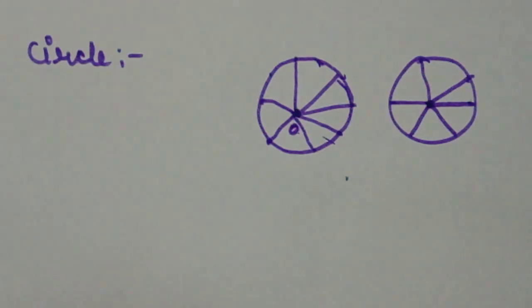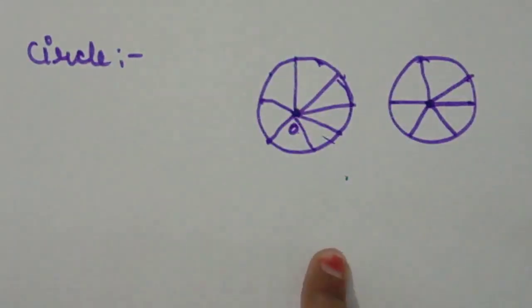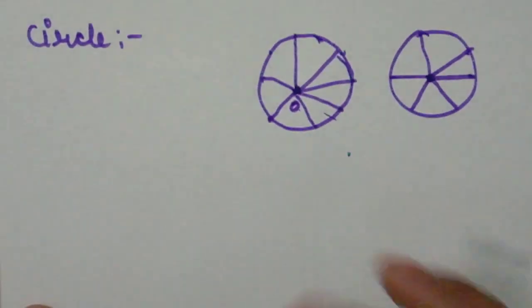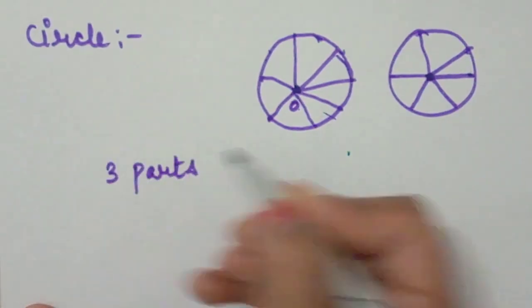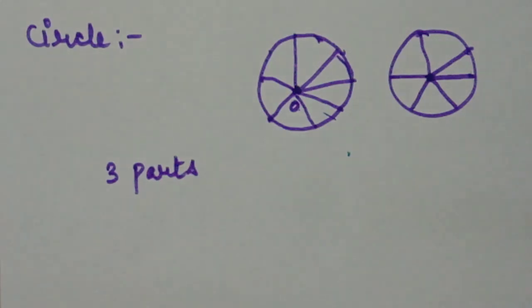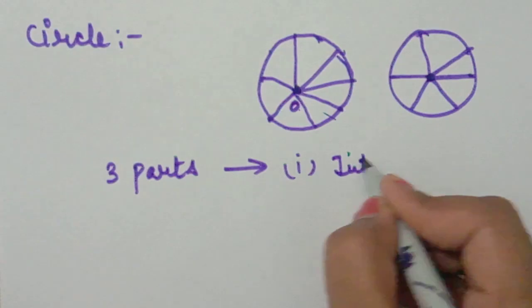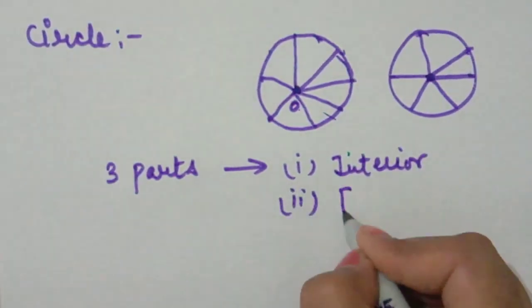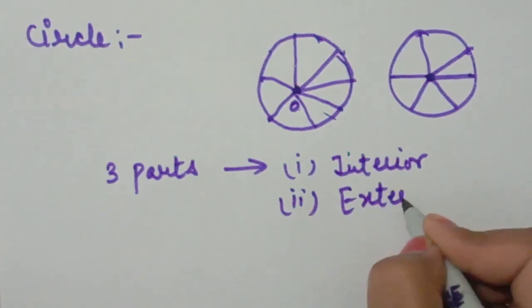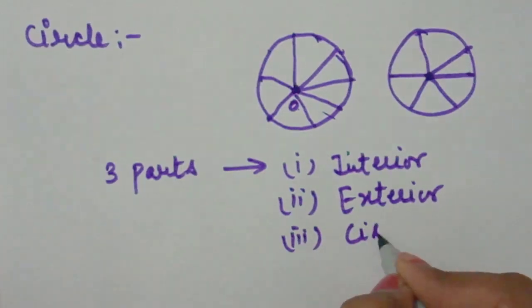So students, the next point: a circle divides the plane into 3 parts. First is interior, second is exterior, and third one is the circle.